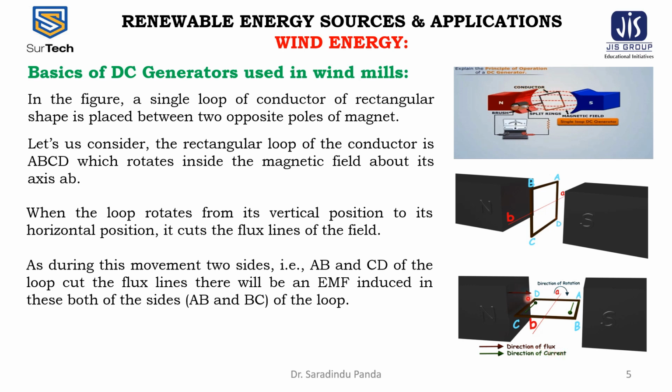The gray arrow denotes the direction of the flux, and the green arrow is the direction of the current. In this case, the current direction is from A to B, and at the north pole side, that is, C to D.